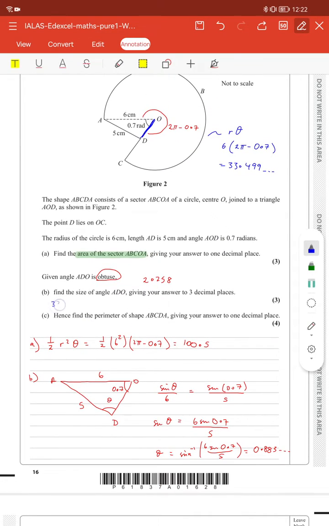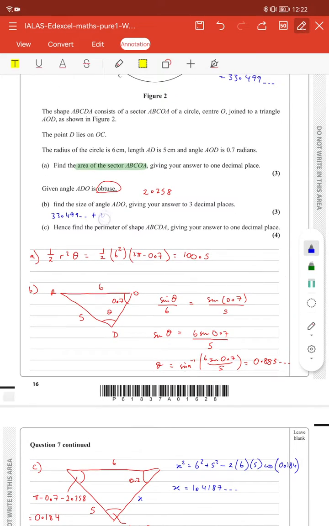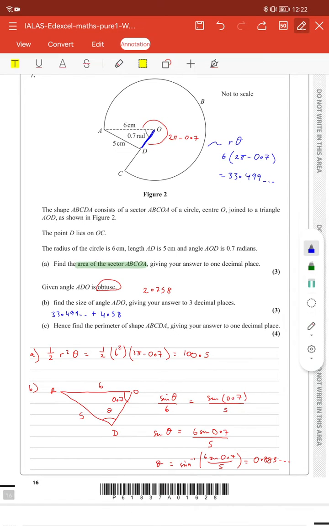So it'd be 33.499 plus CD, which we said was 4.58, plus 5. That would be the total perimeter, which would give us 43.1 to 1 decimal place.